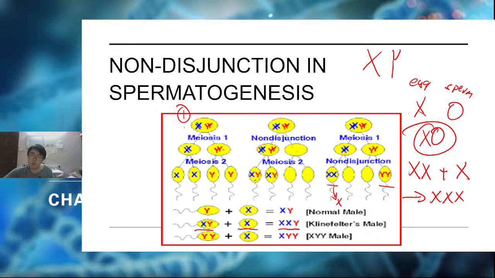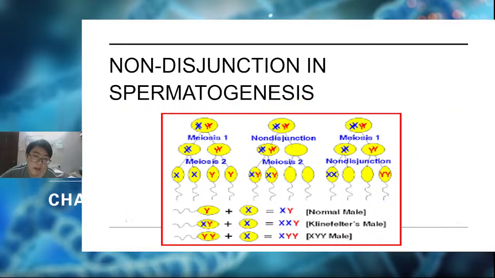So YY plus X, it will become XYY male. XYY has two Y chromosomes. This is male. So formally, if you see that in spermatogenesis, if non-disjunction occurs, in males there are mostly only 3 conditions.